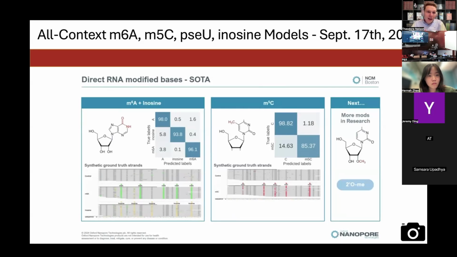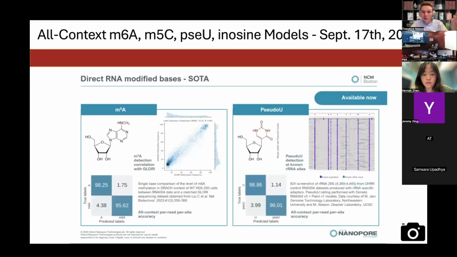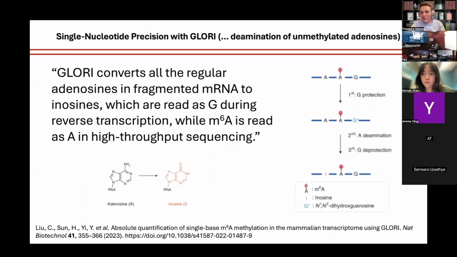So if your per molecule error rate is greater than the existence of that epitranscriptomic modification, how in the world are you going to call it out and make meaningful data out of it? We had a strategy for m6A, but at the end of the day, how do we push the boundaries? How do we make this workable and usable for pseudouridine, m5C, and inosine?